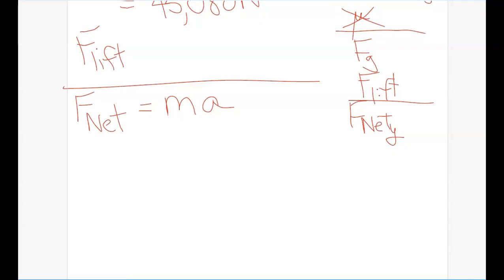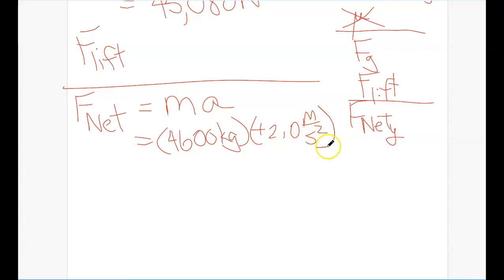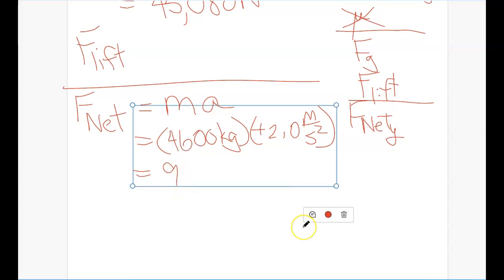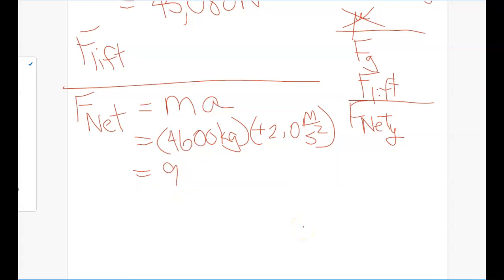We know the mass and we know the acceleration, so we can just literally plug these two numbers in. The mass is 4,600 kilograms, and the acceleration is plus 2.0 meters per second squared. We multiply those together, we get 9,200 newtons. And that's going to be in the positive direction, so we have to make note it's positive.